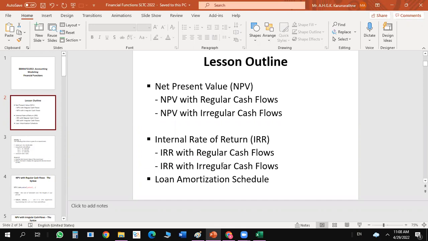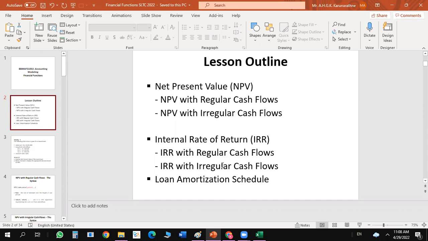Actually, NPV is the difference between the present value of all the cash inflows and the present value of all the cash outflows. Right, if your project net present value is positive, it means that project adds value to your business.